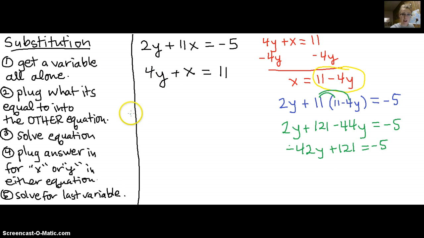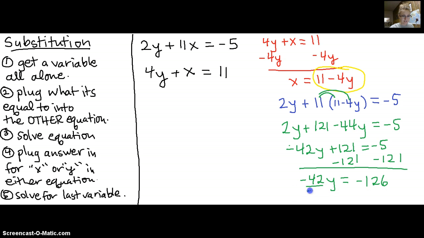We're into step 3 now, aren't we? I didn't point that out, but now we're solving the equation. We're getting y by itself, so here we'll subtract 121 from both sides, and I get that negative 42y is equal to negative 126.